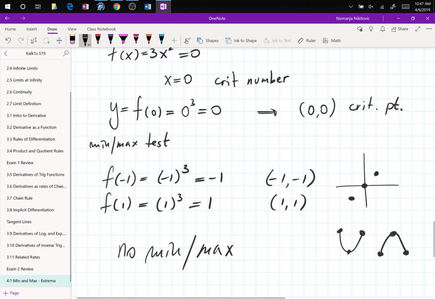So we have a procedure which is very simple. Take the derivative, set it equal to 0. Now, what kind of functions do you have? You're going to have product rule, quotient rule, chain rule, implicit differentiation. You're going to have all different types of derivatives to take because you learned all of that stuff in chapter 3.